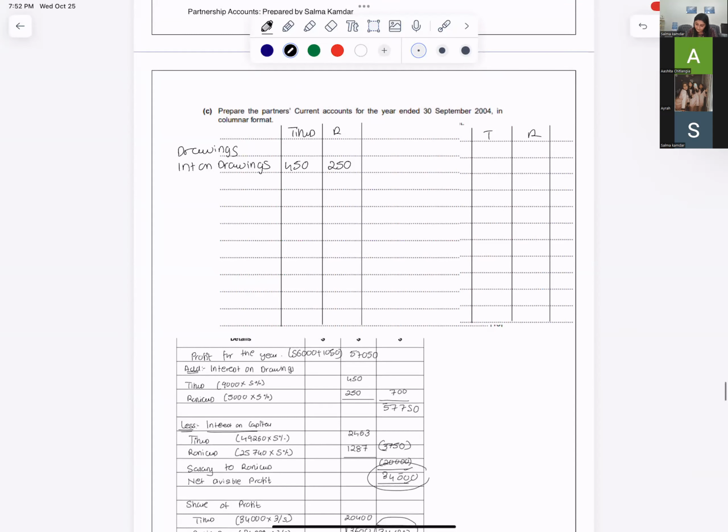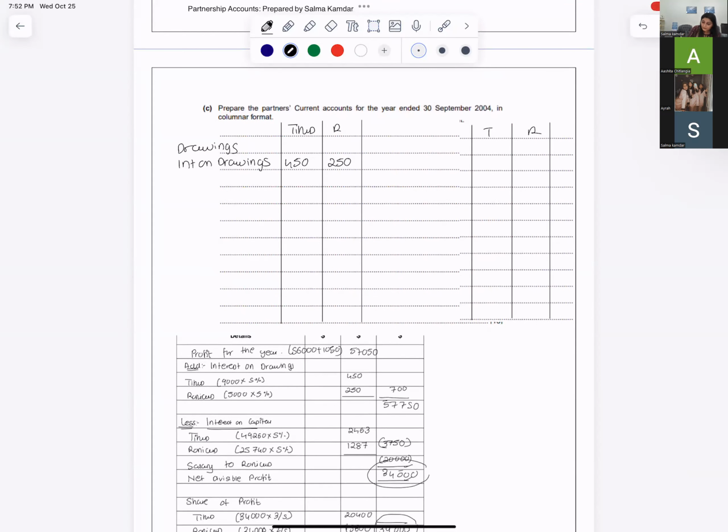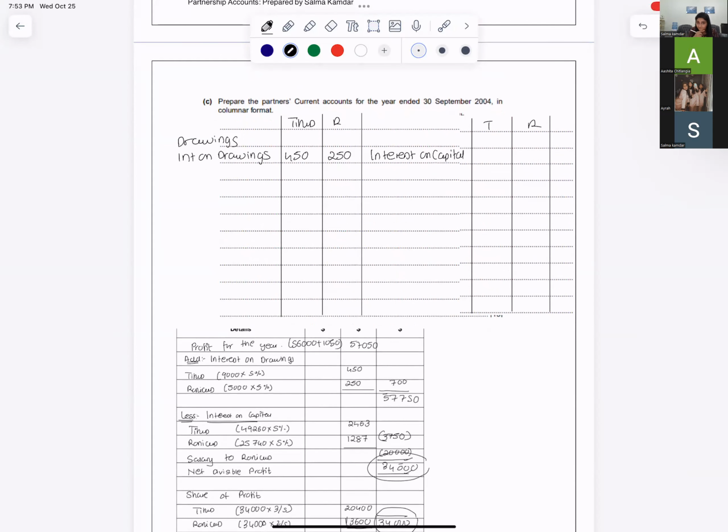You will have interest on capital on the credit side. How much is interest on capital? Interest on capital is 2463 and 1287.